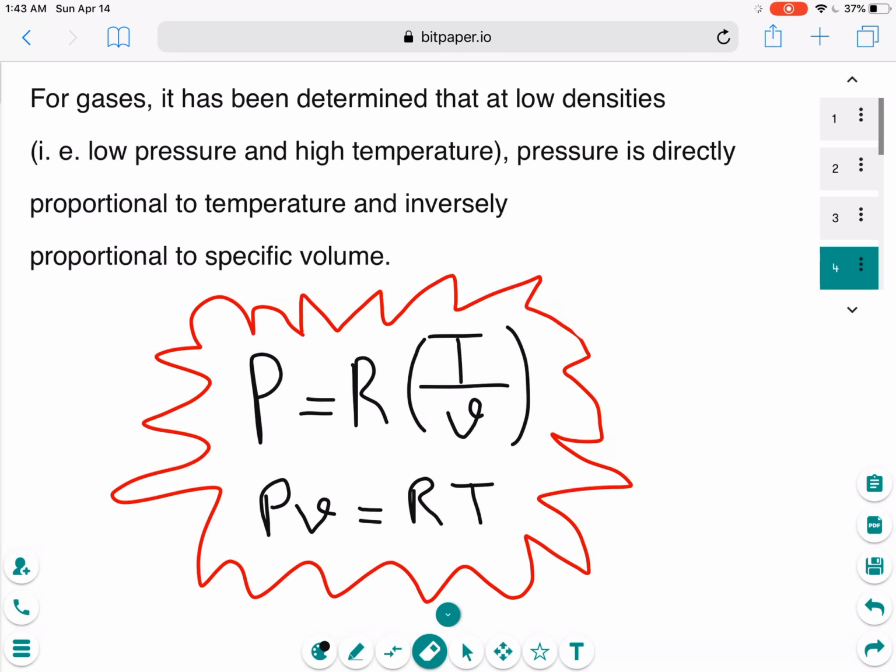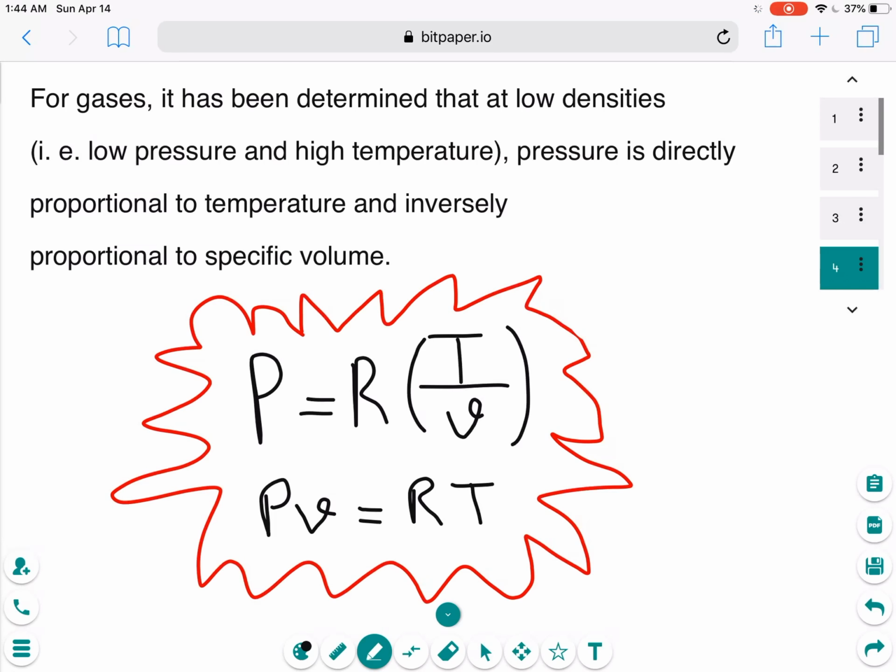Now if we take that same equation and rewrite it in the second form here as Pv equals RT, because it's essentially the same equation with the variables rearranged, we can see that the pressure and the specific volume are on the same side of the equation, so they're inversely proportional, which means that if I increase the volume, I will decrease the pressure, and if I decrease the volume, I will increase the pressure.